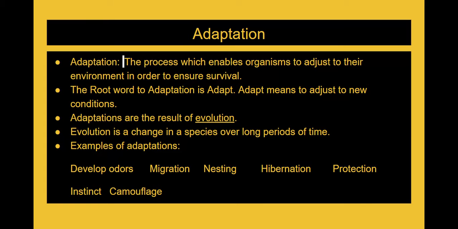I know y'all trying to figure out where all these random words are coming from, but I'm quite sure you've heard of hibernation. You know what hibernation is. And you've heard of migration. And I'm quite sure you are familiar with camouflage and instinct. Keep those things in your mind. Oh, and protection. That's self-explanatory.